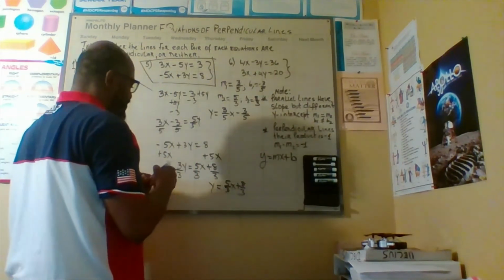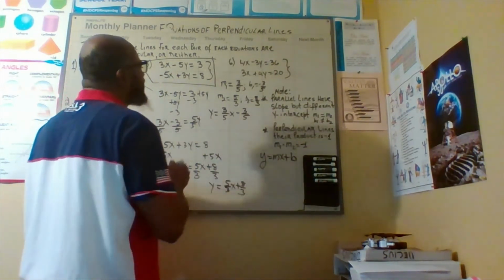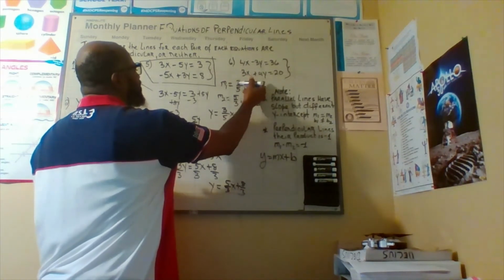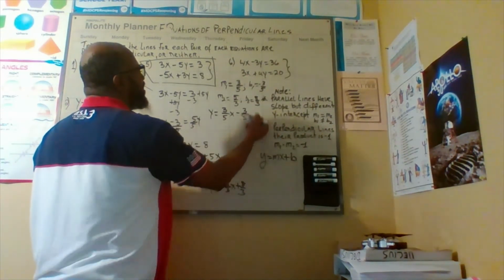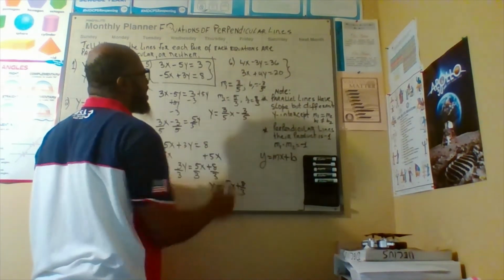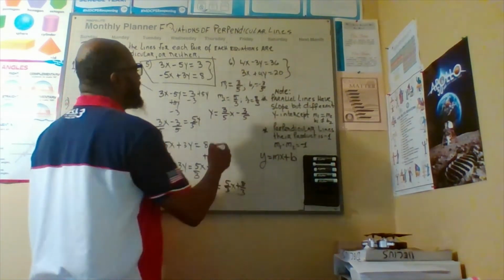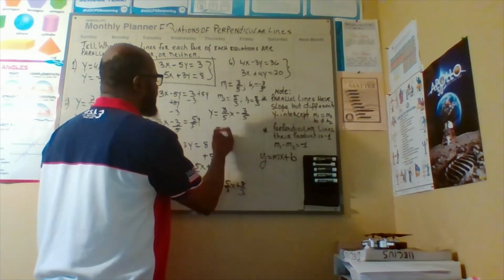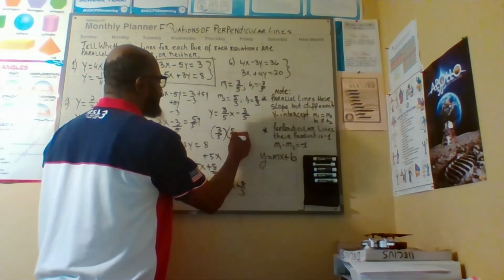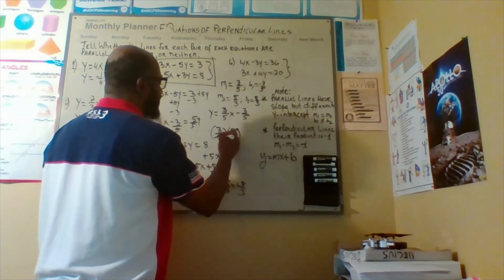So now I'm going to compare the slopes. The slope is 3/5. This is 5/3. They're not the same. They are reciprocal but not negative. So if I take 3/5 times 5/3, this cancels with that, this cancels with that, it will give me 1.